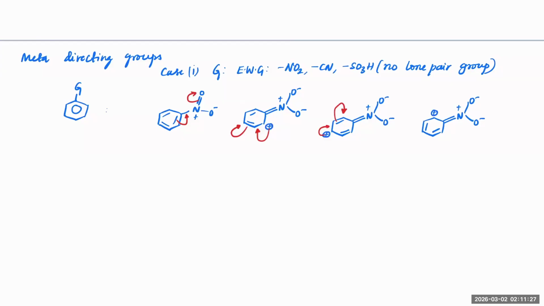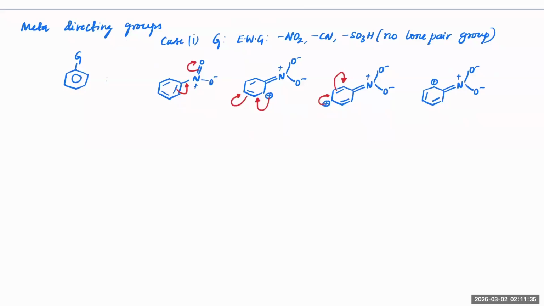Because ortho and para positions are already busy with positive charge, would they invite one more positive charge like an electrophile here? Not so much. So if at all we invite an electrophile, what is the chance that group G will take the electrophile at ortho, or at para position, or at meta position?